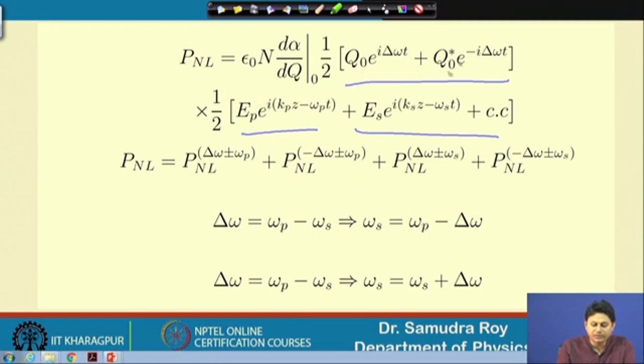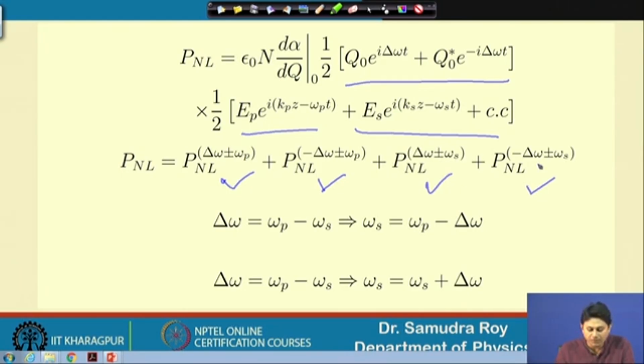So, different frequency components, as I mentioned in the previous slide, should be here, and if I write all these components, P nonlinear should have this frequency component, this one, this one, this one. So, total 8: there are 2 frequency components here, 2 here, 2 here and 2 here, total 8 different frequency components it should have.